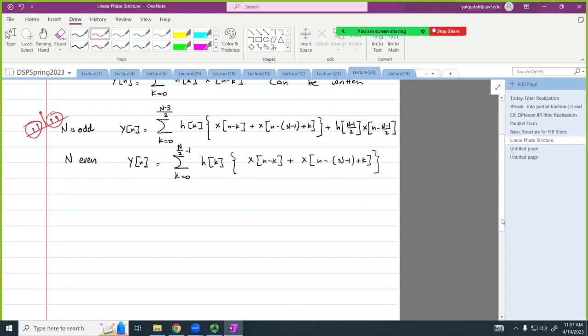So let's look at the structure for the case when n is odd. And I'll let you do it as a homework when n is even.